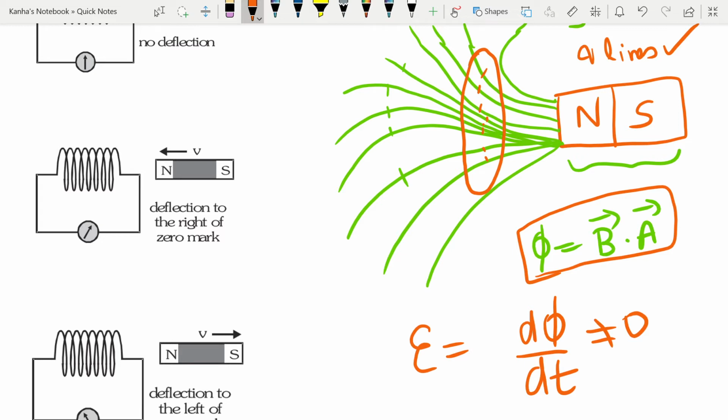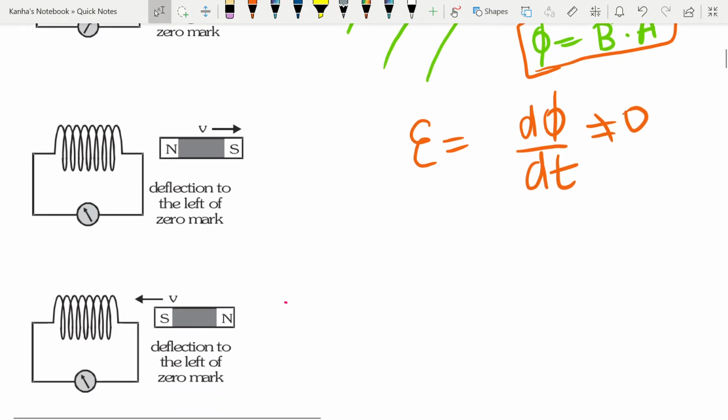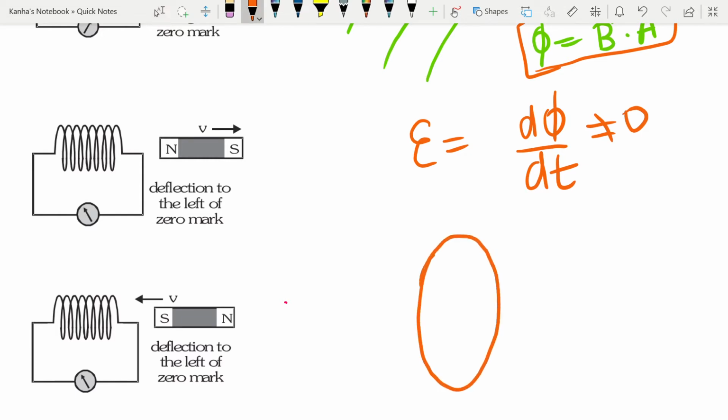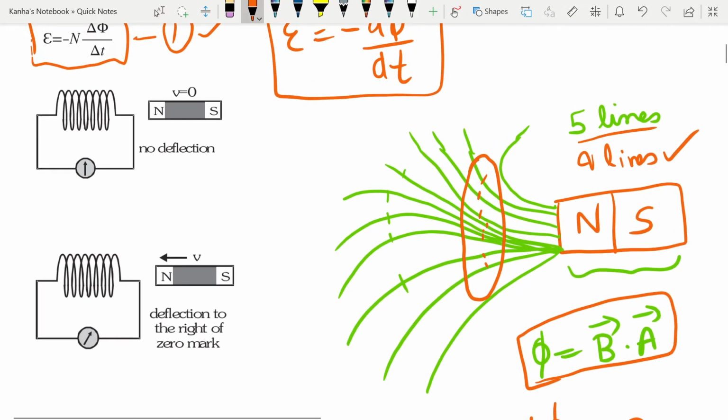Now due to the EMF, there is a current induced in the coil, but how do you find the direction of the current? The direction of the current will tell you about the direction of the EMF as well. So if this was my coil and I was bringing in the north pole, the number of field lines were increasing from, let's say, 5 to 9.